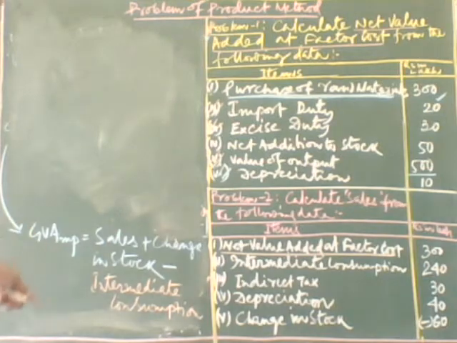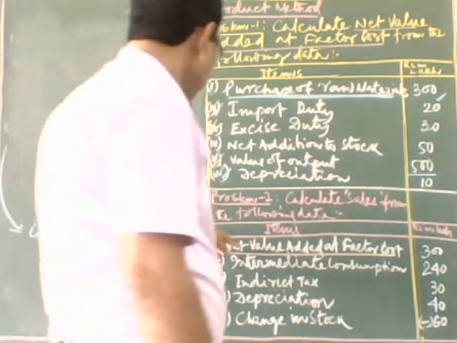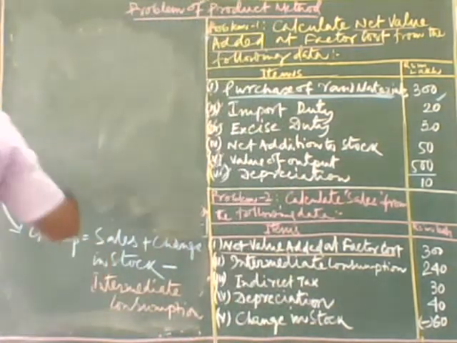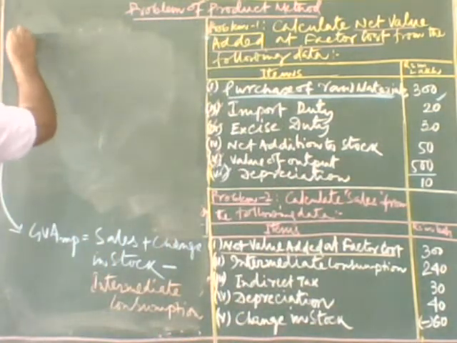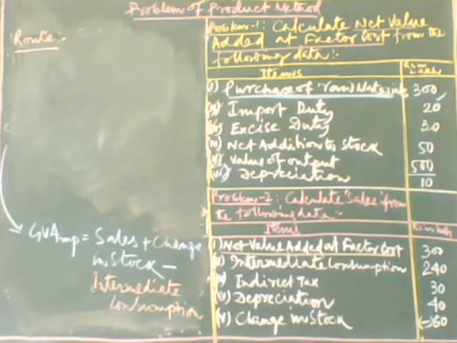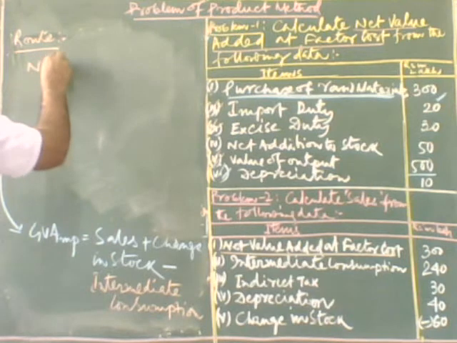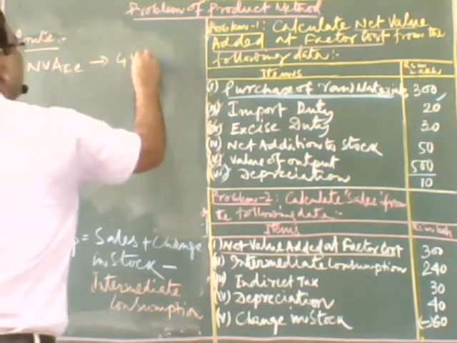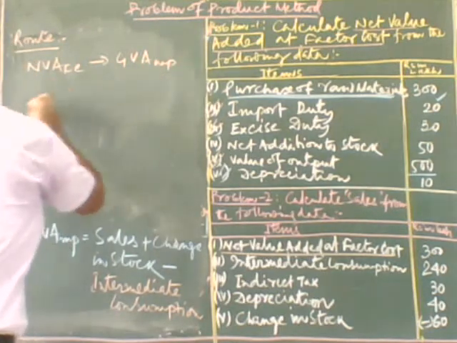Whenever we have to calculate GVA at market price from net value added at factor cost, we have to follow the route. The route is NVA at factor cost to GVA at market price.